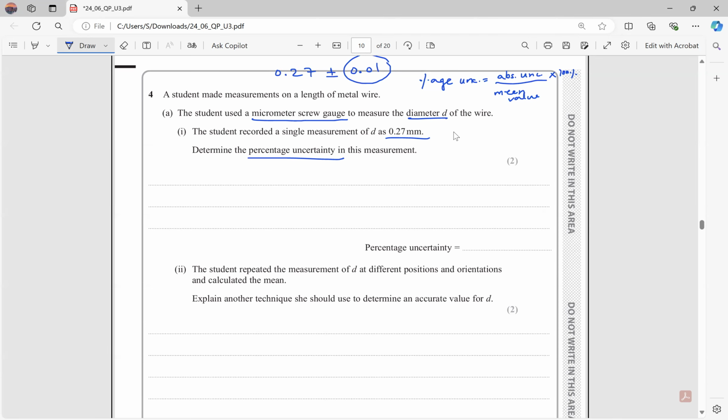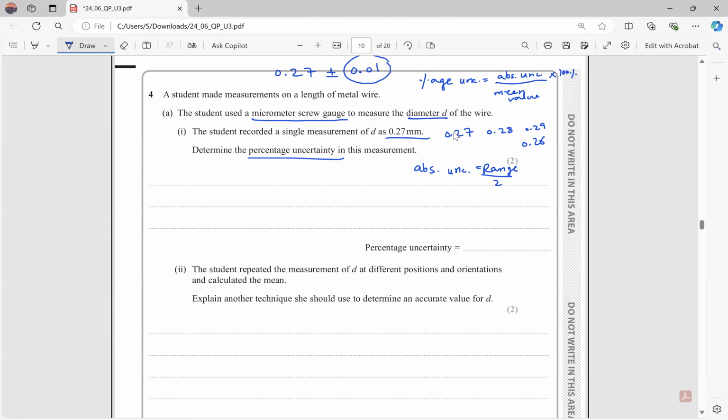Another case is when you're given a range of values, like 0.27, 0.28, 0.29, 0.26, and you're asked to find the percentage uncertainty. In that case, the absolute uncertainty is just the range divided by 2.